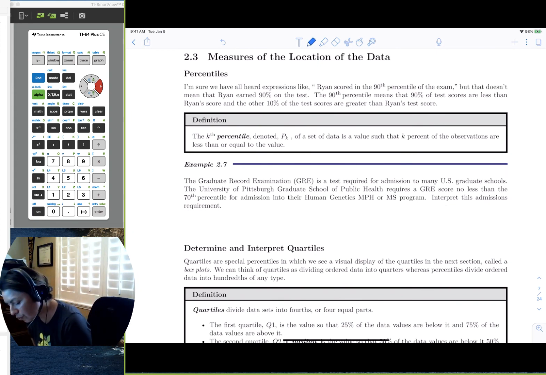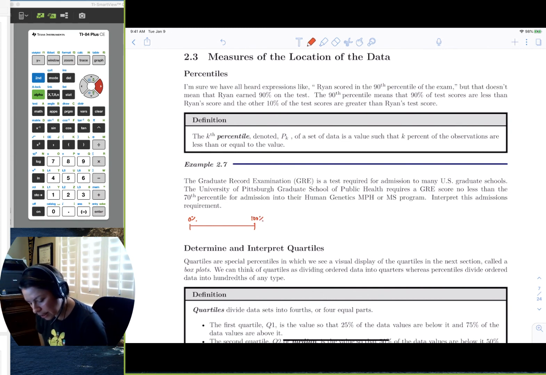Well, if I drew a number line for you from 0% to 100%, the 70th percentile, is it over here near 0, or over here near 100, or is it in the middle? You're like, no, it's somewhere between the middle and the highest, right? So maybe about here. Then here's the 70%. So what does this mean?